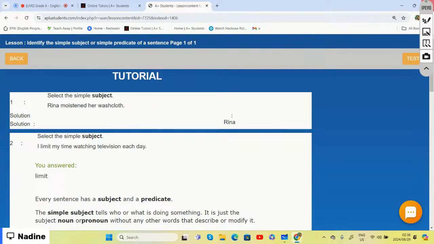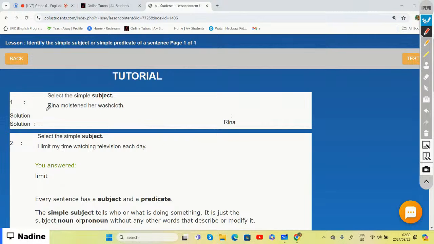And if we were to select our subject, we would say only the noun, which is Rena, is our subject.